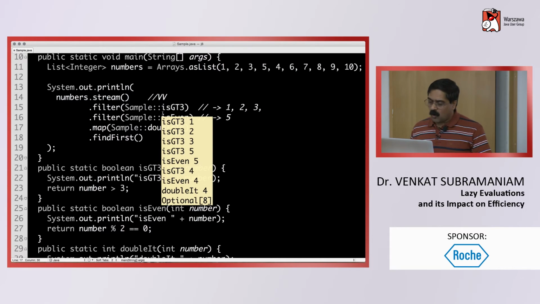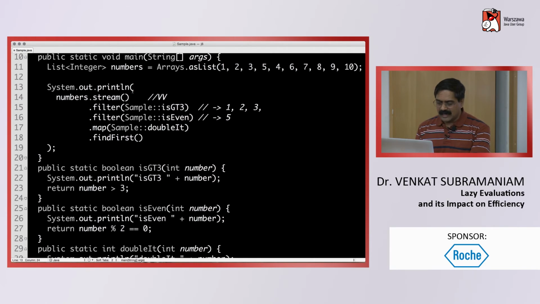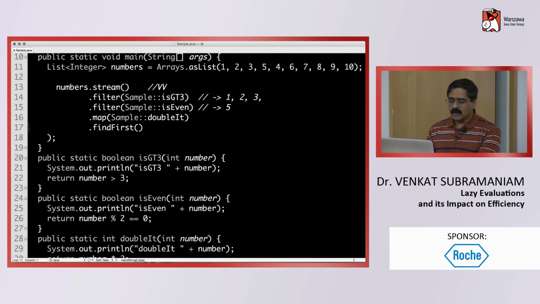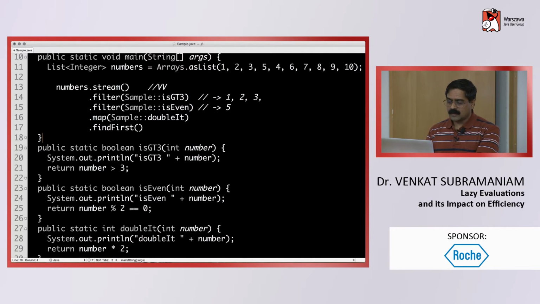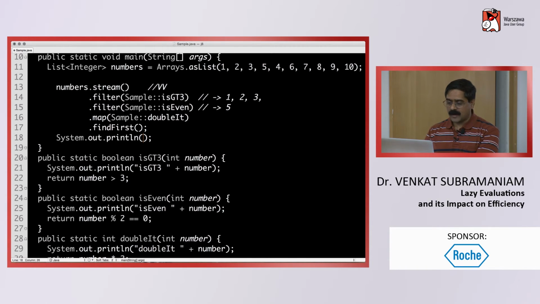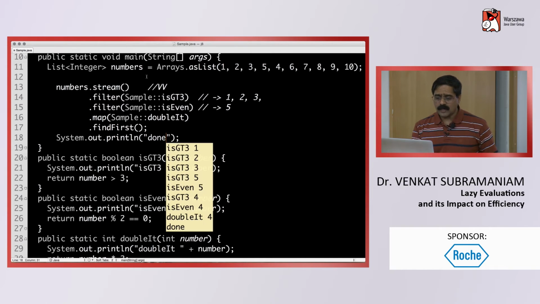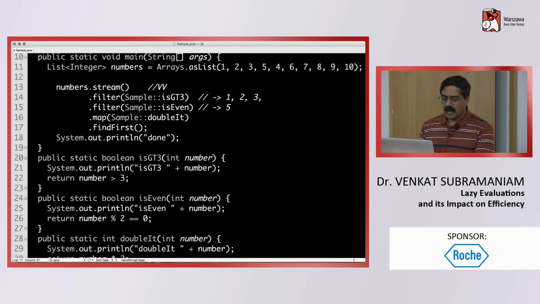To make this a little bit more effective, let's try this a little differently. I'm going to remove this print statement, and at the very end of this expression, I'm going to say output, done. I run the code, you can see all that evaluation followed by the word done being printed. That's great. But I'm going to come back here, and I'm going to stop just shy of the very last call.